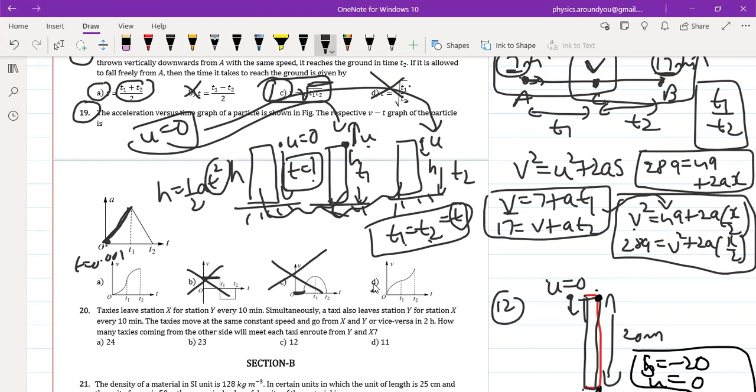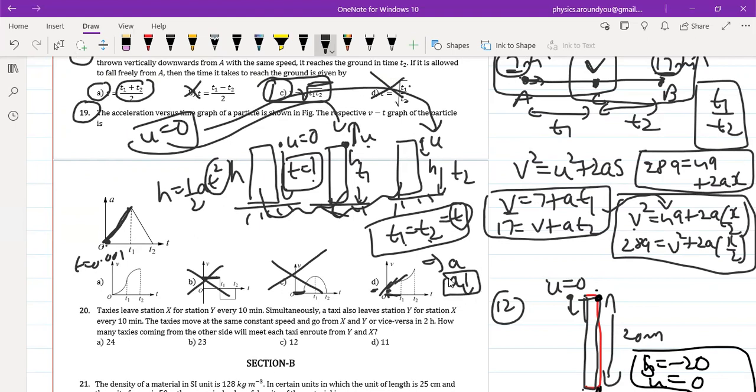What about D? Look, as I keep drawing slopes of the VT graph, slope of the VT graph gives acceleration. Here I am seeing that slope is getting decreased as I draw tangents. Slope decreasing means acceleration is getting decreased.